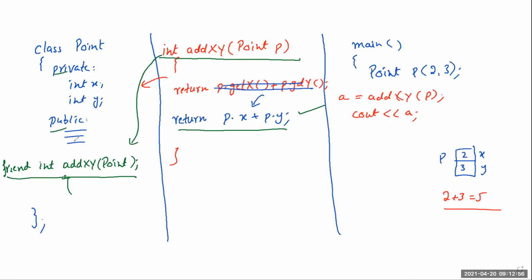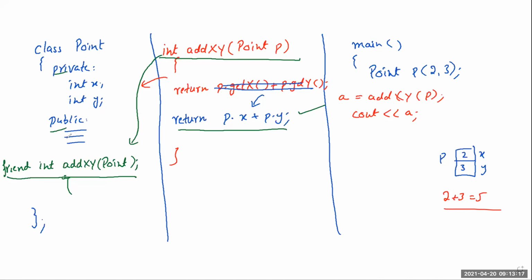And when we are talking about private and public, they are applicable only to the members of the class, that is, what you can access from outside and what you cannot access, right? So even if you write it in private or in public, it does not make any difference. Why? Because this is not a member function.